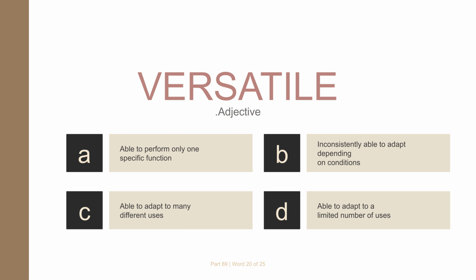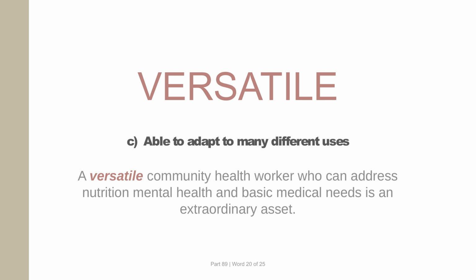Correct answer, option C. The correct meaning of versatile is able to adapt to many different uses. Example: a versatile community health worker who can address nutrition, mental health, and basic medical needs is an extraordinary asset.